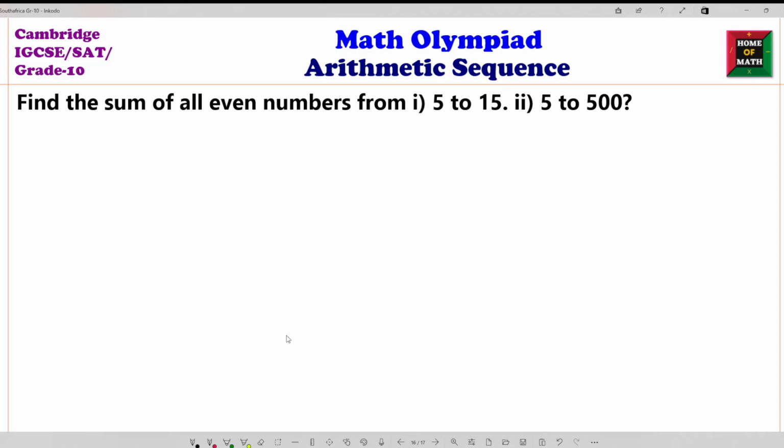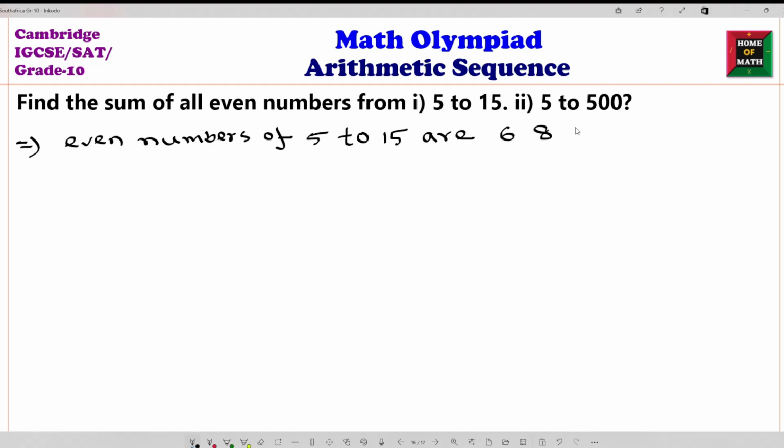The even numbers from 5 to 15 are 6, 8, 10, 12 and 14.